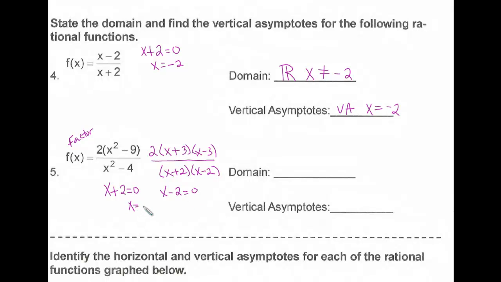So x is equal to negative 2, or x is equal to 2. So the vertical asymptotes are x is equal to 2 and x is equal to negative 2. The domain is all real numbers except when x is equal to negative 2 or 2.